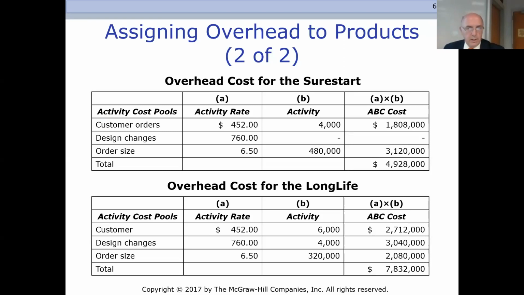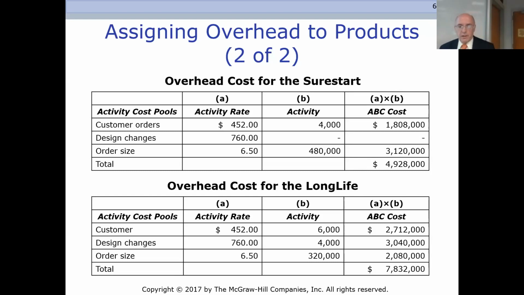So that's 1,808,000. And the design changes, the activity rate is 760, but they didn't have any design changes for the Sure Start. So we can ignore that or multiply it by 0. The order size, the activity rate there, 6.5 times 480,000. So we add those up, we get 4,928,000.